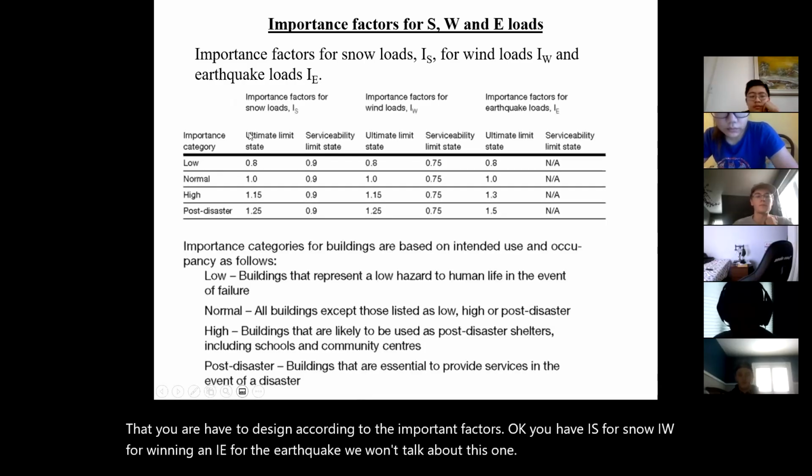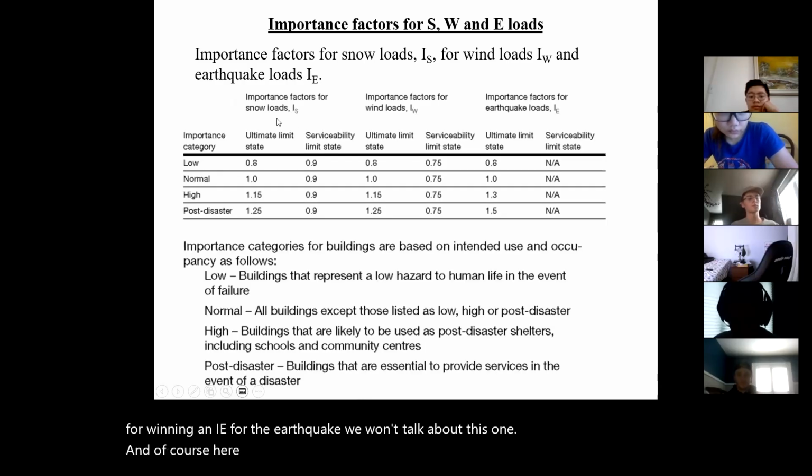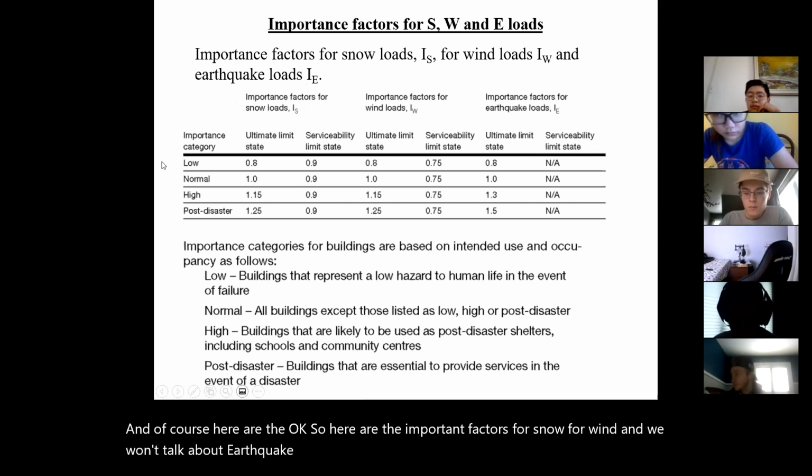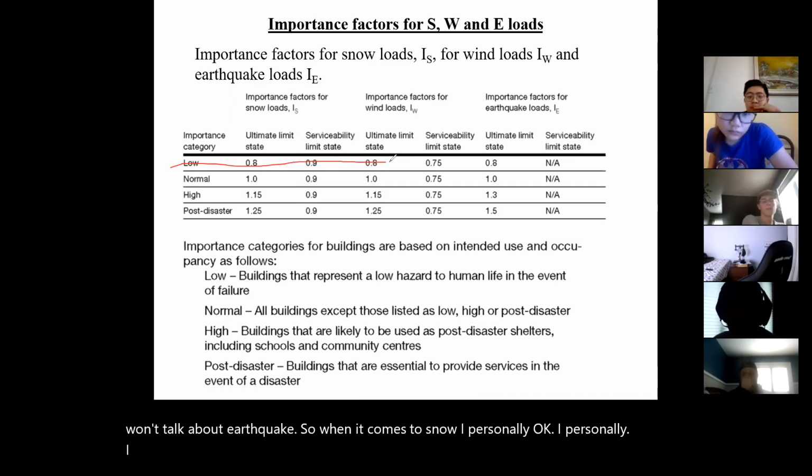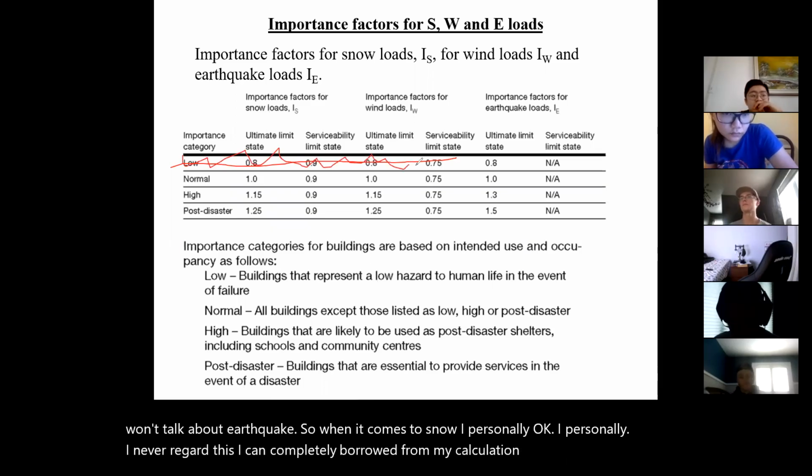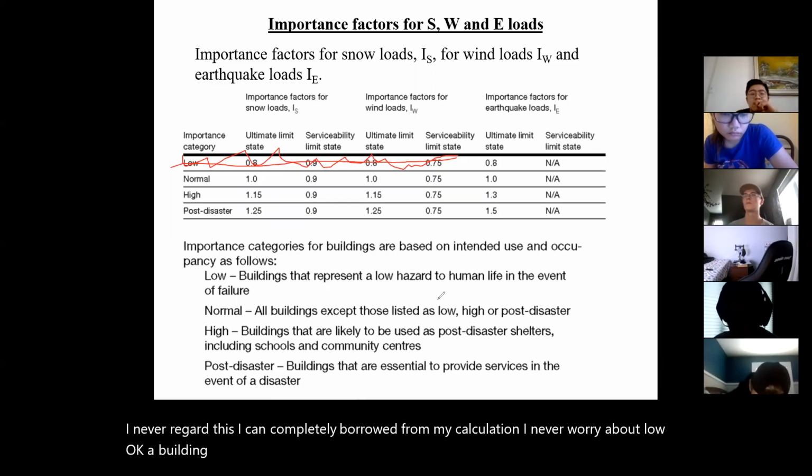And of course, here are the importance factors for snow, for wind, and we'll talk about earthquake. So when it comes to snow, I personally never regard this. It can be completely barred from my calculation. I never worry about snow load. Okay? A building that represents low hazard to human life in the event of failure.